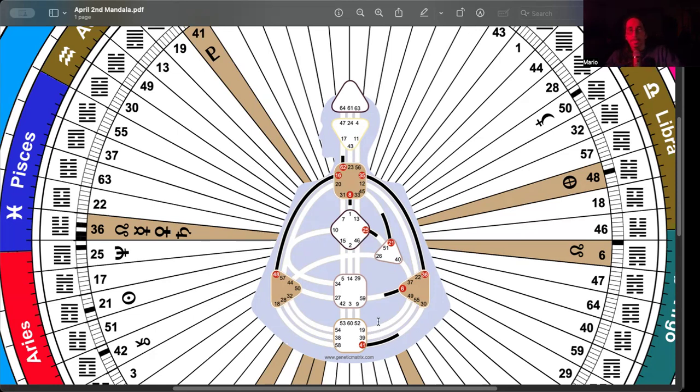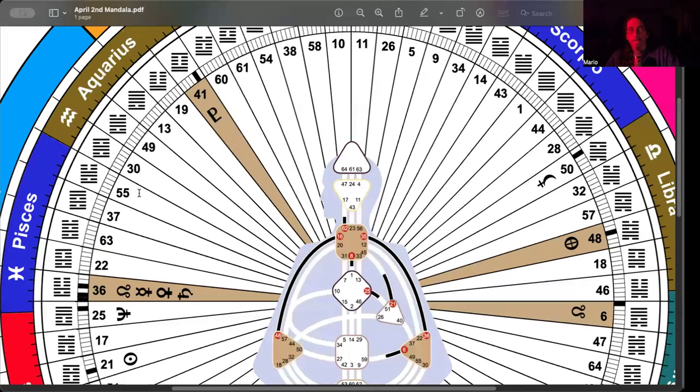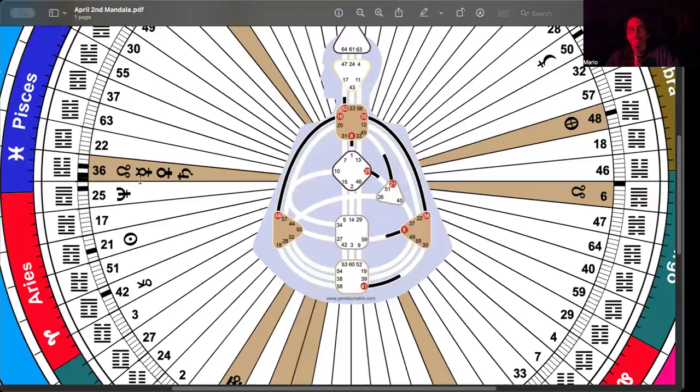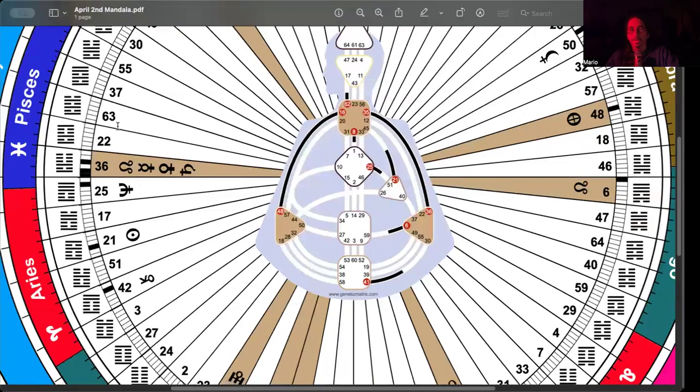The sun has moved through Aquarius gates and the Pisces gates of 55, 37, 63, 22, and 36, where the nodes are presently, and also where Saturn and Venus and Mercury are.